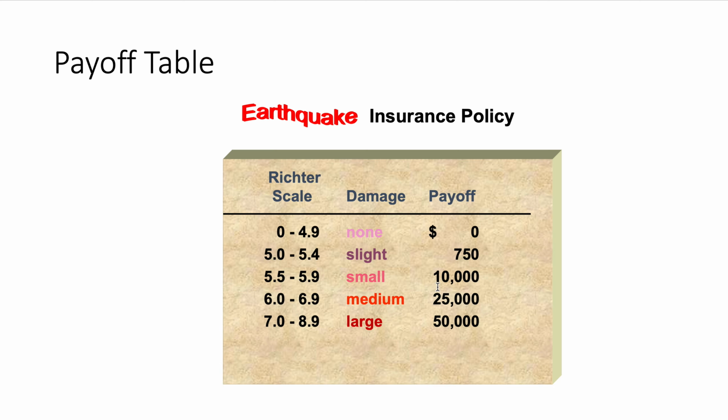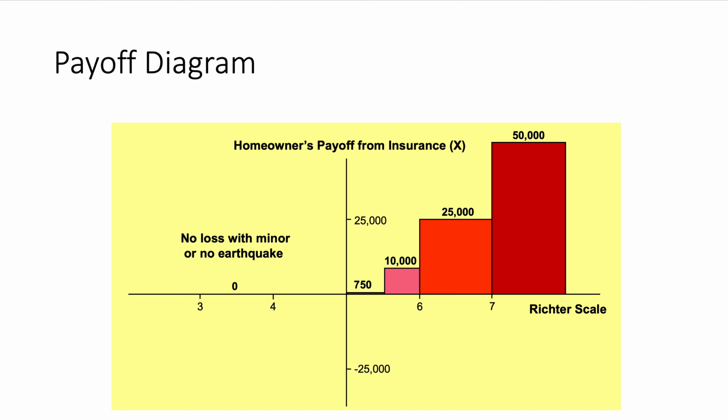Now let's look at the payoff graphically. The horizontal axis is the underlying random variable, the Richter scale, from 0 up to 9, for example. The vertical axis is the homeowner's payoff from the insurance policy.